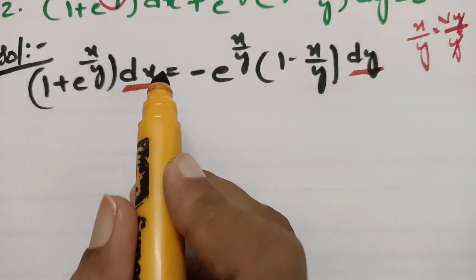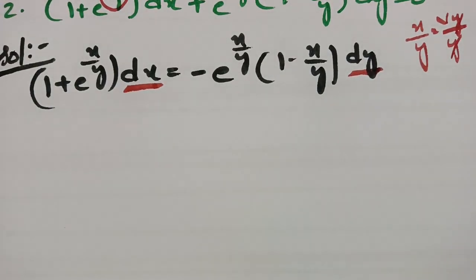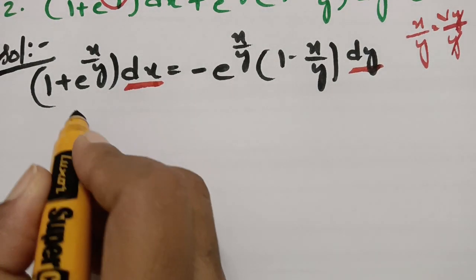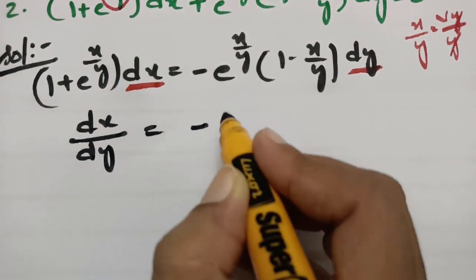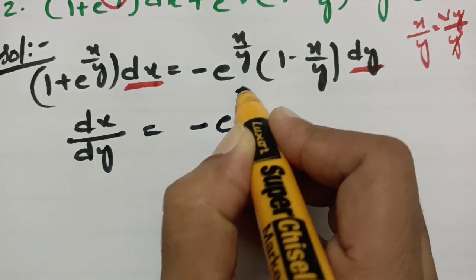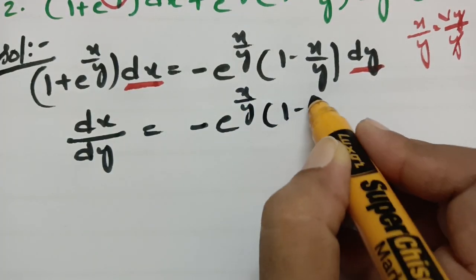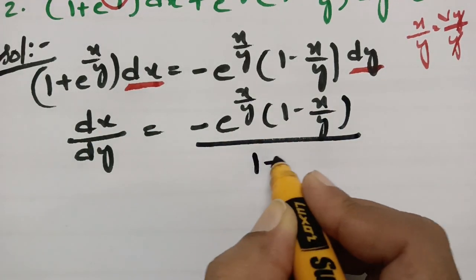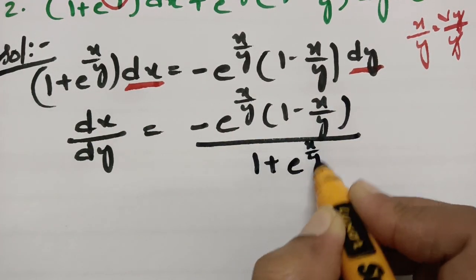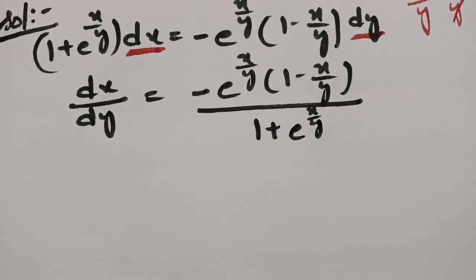So dx by dy value is equal to minus e power x by y into 1 minus x by y, divided by, sending this to the other side, 1 plus e power x by y.